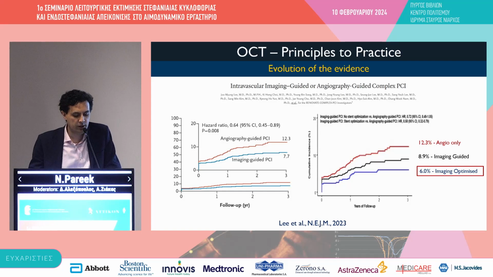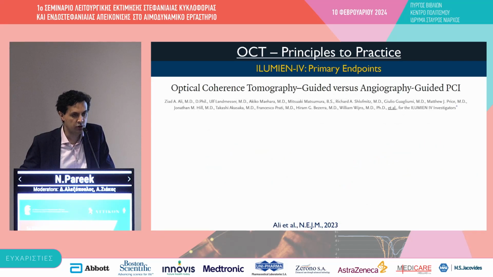On the left-hand panel, you can see a 5% absolute risk reduction in the composite endpoint of target vessel failure. But on the right-hand side, you can see that those patients who were able to be treated according to protocol had the most benefit. So it's not just putting the catheter down, it's also about interacting with the image.